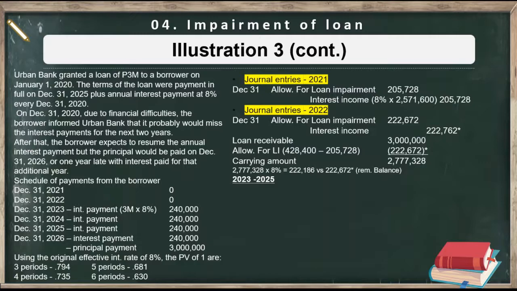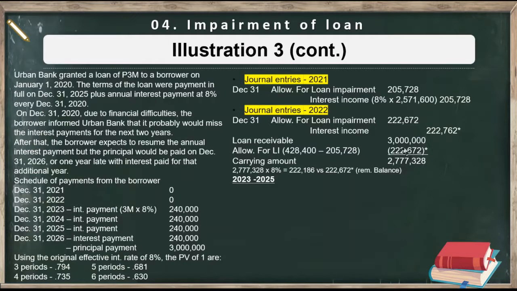So, the amount would be 206,214, which is not the amount we deducted earlier. So, it will be short. The amount we should deduct or adjust is 222,672 to close the remaining balance.